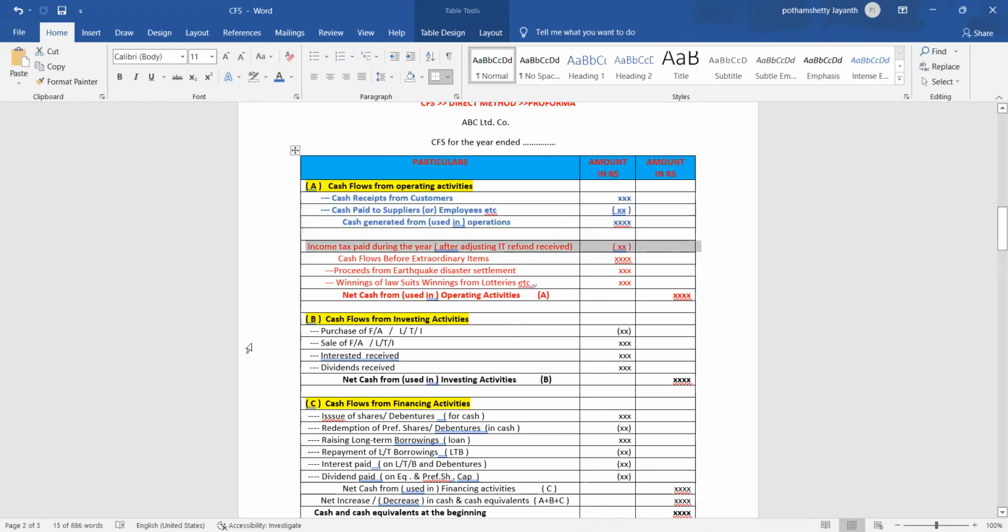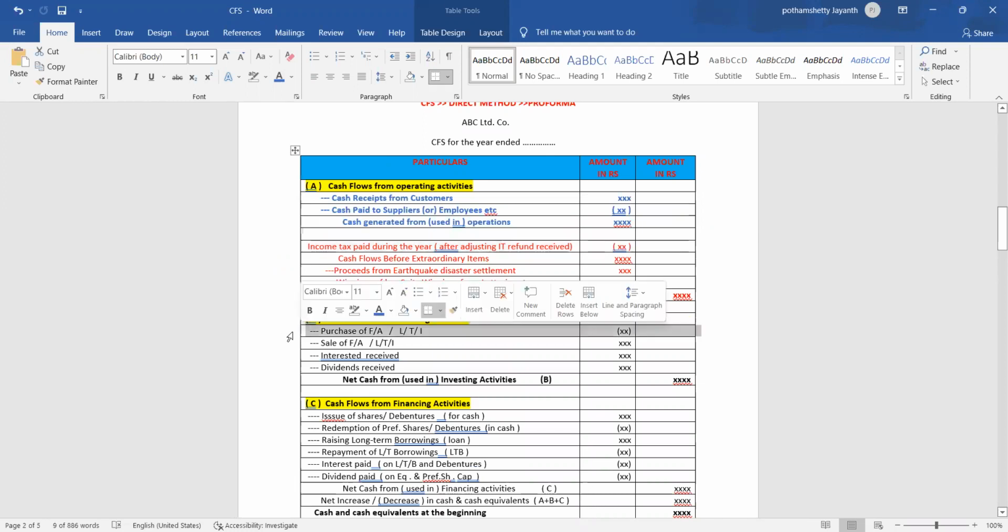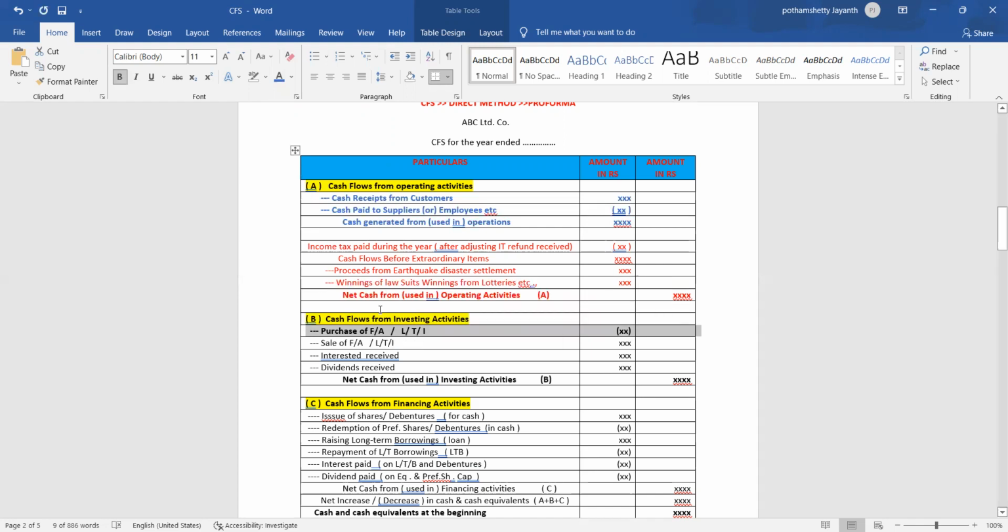Okay, and from here on, investing activity, you have purchase of fixed assets as outflow. This will not change, it will become bold now.